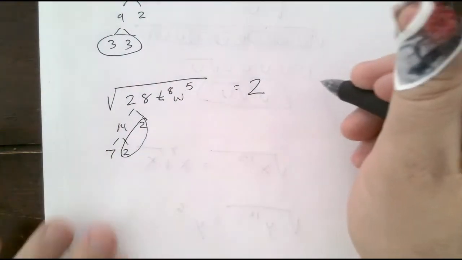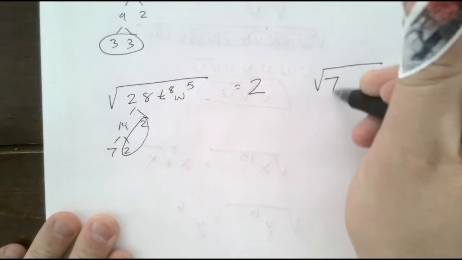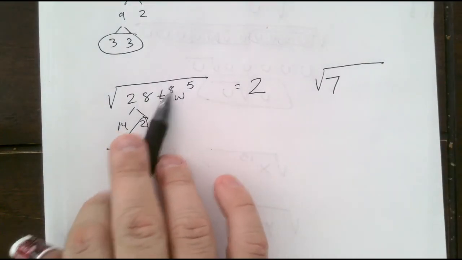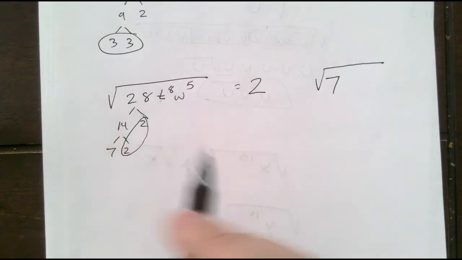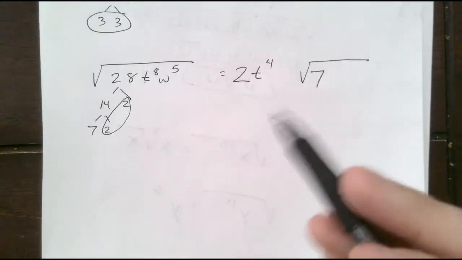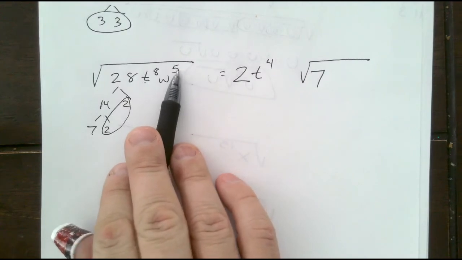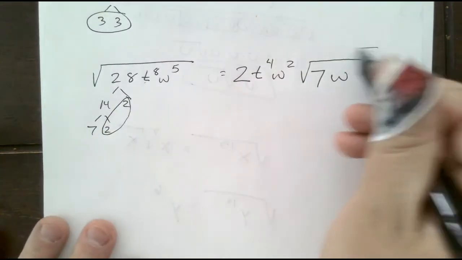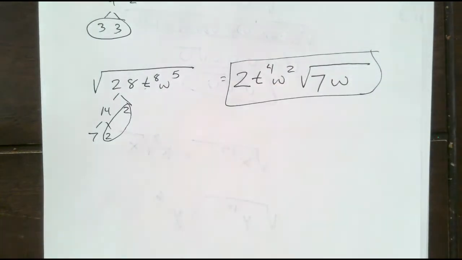And I know on the inside of this, we're going to at least have a 7. Okay, we're going to look at t. T to the 8th. How many times does 2 go into 8? 4 times with nothing left over. Okay, how many times does 2 go into 5? Well, 2 times with 1 left over. And that would be your solution.